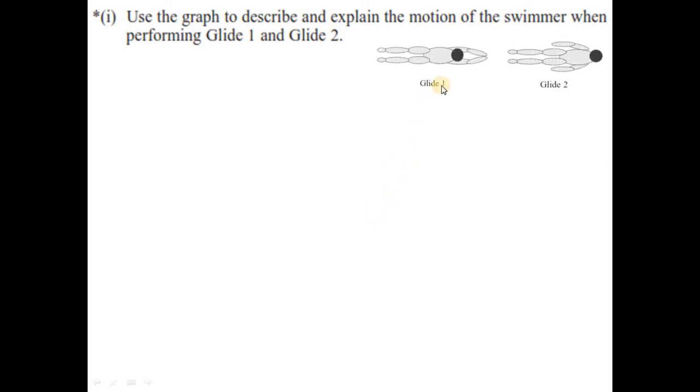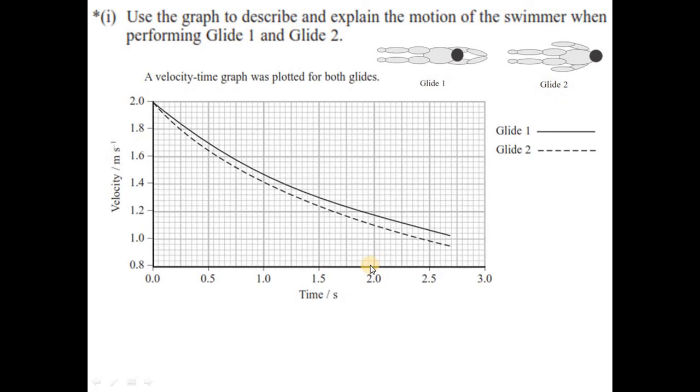If you see, in both cases, during the motion, velocity is decreasing, and the reason for this decrease in velocity is the drag force. So due to drag force, velocity decreases for both glides.